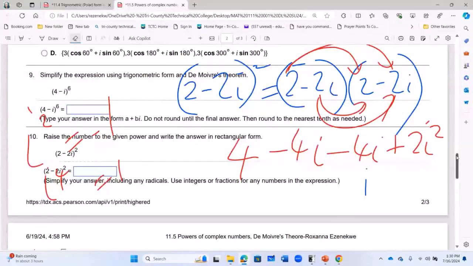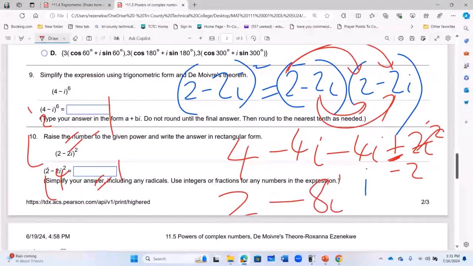Because we know that i squared is negative 1, I want to rewrite this, so I have negative 4 here. Finally, collect like terms together. 4 minus 4 is 0, so we have negative 8i in standard form. So I have written this number in standard form by foiling.